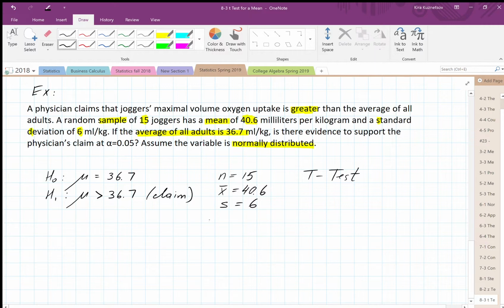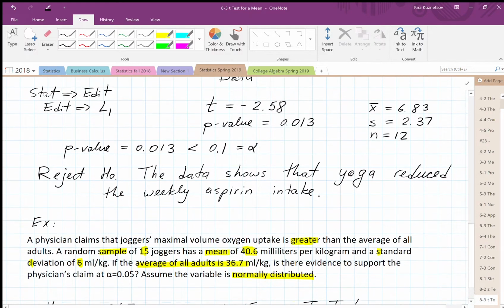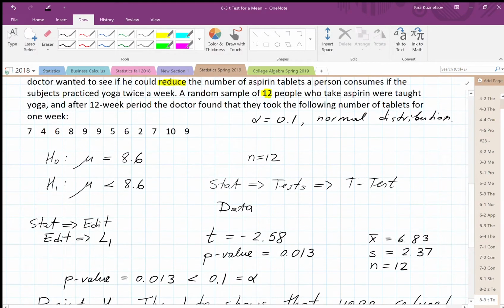Step 2 is write down the necessary statistics. State the test and identify the degree of freedom. The degree of freedom is always n minus 1, so in this case it's 15 minus 1, which is 14. This is something that I probably should have included right here as well.